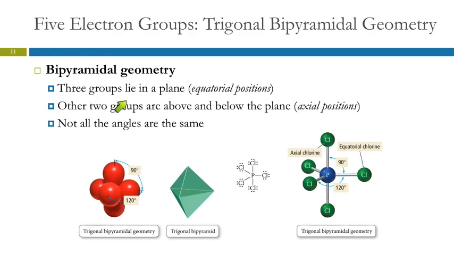The 3 groups that lie in a plane, the girl's tutu, are the equatorial positions. So those are like around the equator of the Earth. And the 2 groups above and below that plane are called the axial positions. So they're like the North and the South Pole. So the North Pole, the South Pole, and then this is around the middle, the equator. So axial and equatorial.